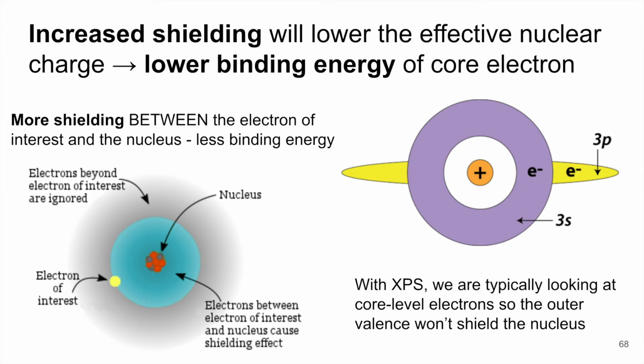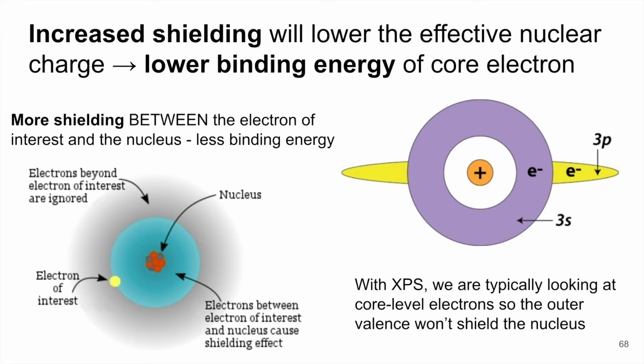All right, so let's look at why this occurs. The first part I want to bring up is shielding. We know shielding as effectively the shielding of charge that an electron sees from the nucleus by other closer electrons. If there's more shielding between an electron and the nucleus, then the binding energy, which is what we're measuring, is lowered.